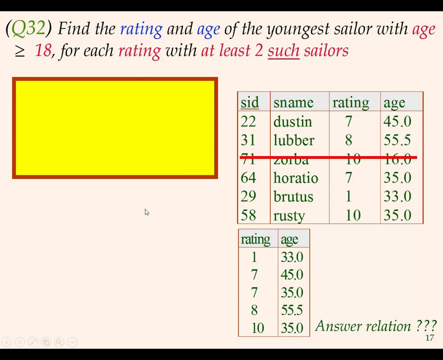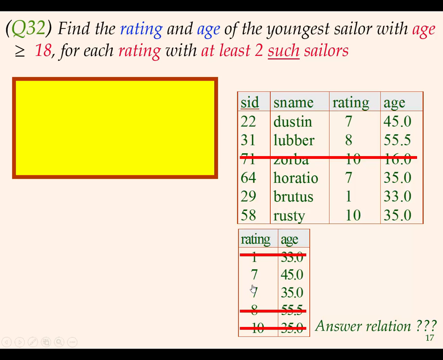I'm trying to answer this manually. I need at least two for the rating. So this is what I have. This is just one, that's just one, and 10 is just one. So the only group that has at least two such sailors is the rating 7.